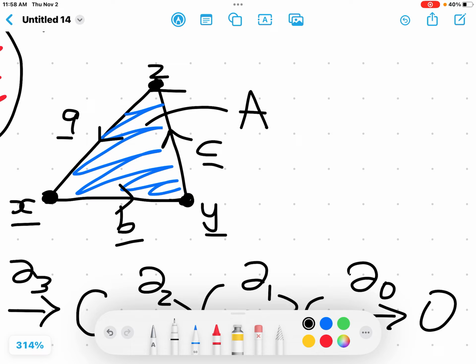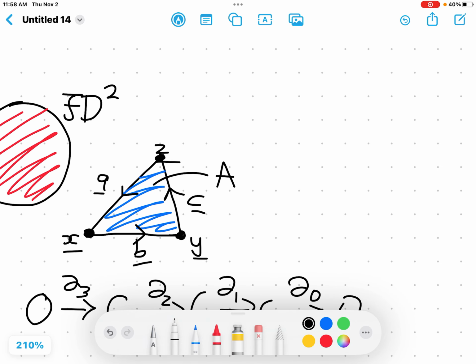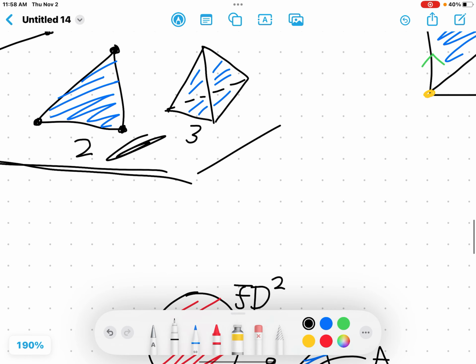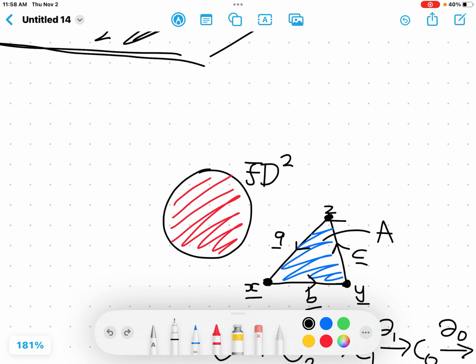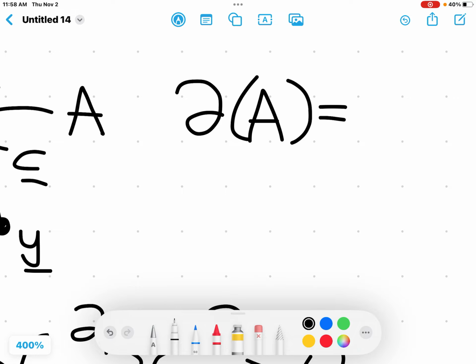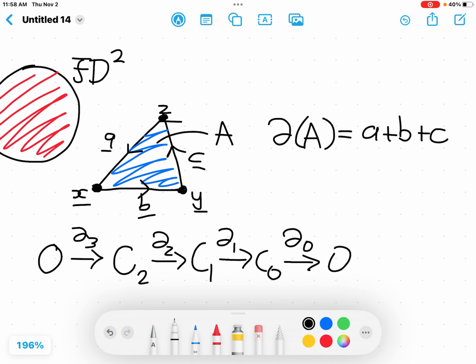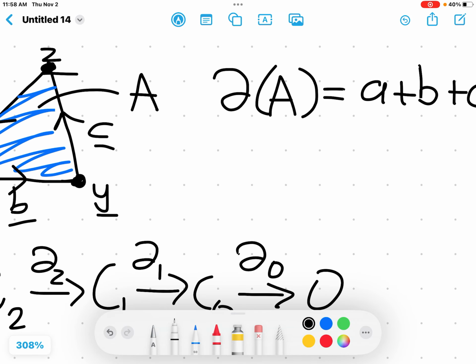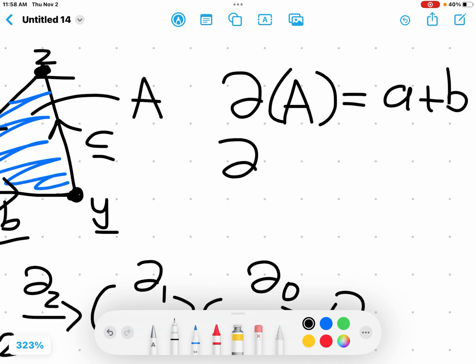For a surface and for a volume element, the boundary is simply the addition of all of the boundaries. For a 3-simplex, it's the addition of all the faces, while for a 2-simplex, it's the addition of all the edges. So the boundary map takes A to A plus B plus C. Based on our orientation, we have 3 separate maps for our edges.